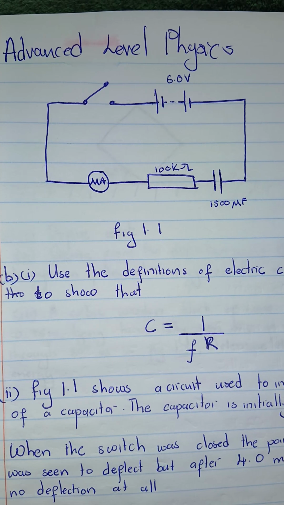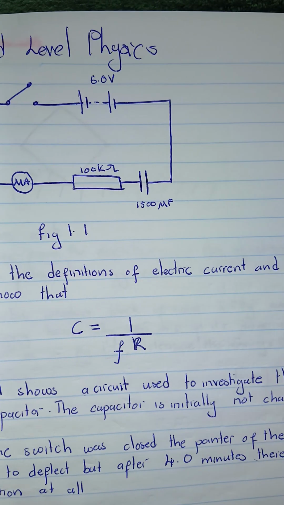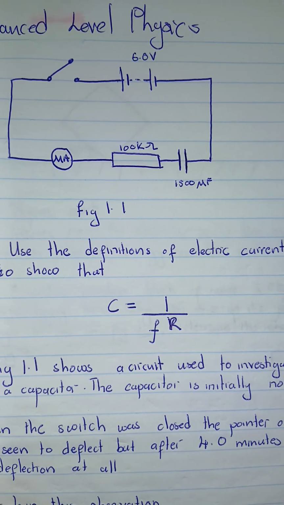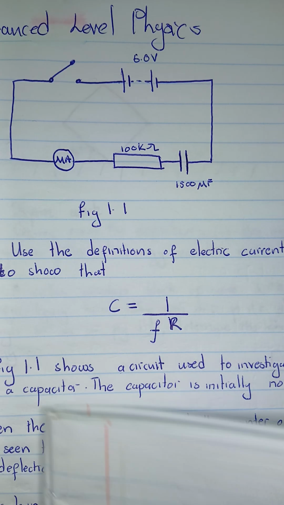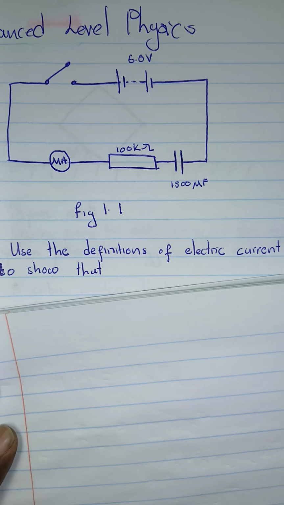Let's solve the following. Use the definitions of electric current and capacitance to show that C is equal to 1 over FR.